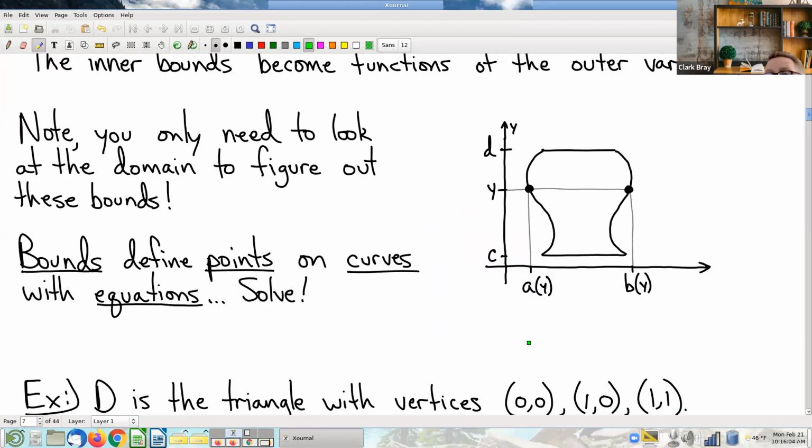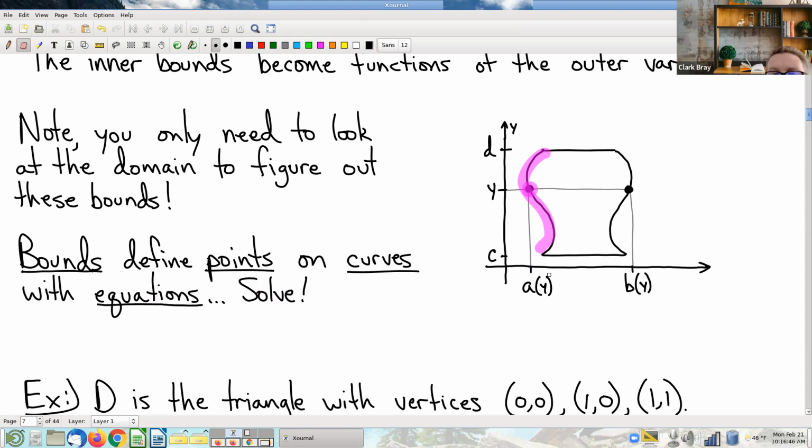We can just look at the domain itself and see how, as y moves, these points move along these curves, and where those points are determines your bounds. So my little shortcut memory trick, connect the dots, as it were, between these various objects: if you're interested in bounds, identify the relevant point. That point, identify the relevant curve that it's moving along. That curve will have some equation, solve it for, of course, the variable that you're interested in.